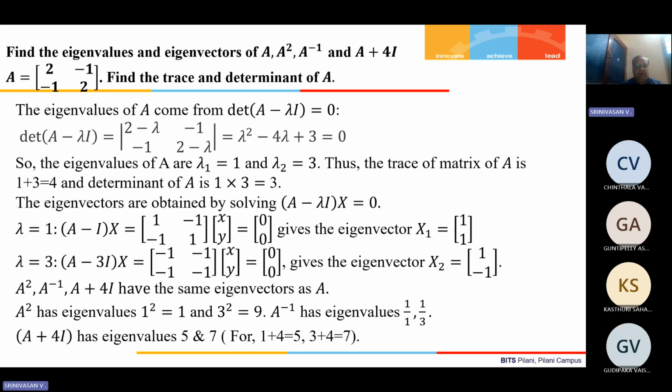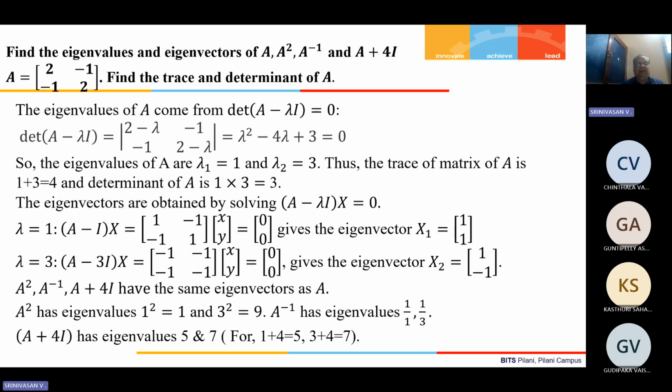Once the eigenvalues are given, you can find the trace and determinant. Here we have verified that the trace of A is 4, which is 1 plus 3, and the determinant is by property 1 into 3, which is 3.